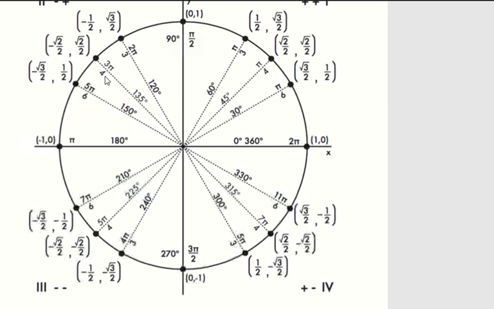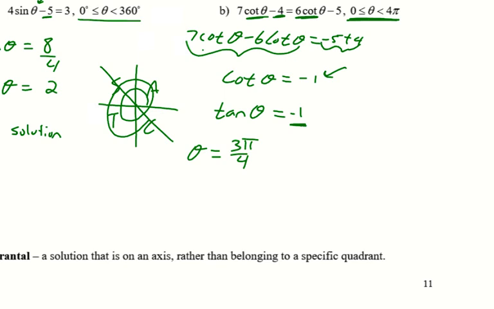So what I could have done there is I could have said 3 pi over 4 plus pi, and that would have given me the next answer. If I called this 4 pi over 4, that would end up being 7 pi over 4, right? So that worked out.